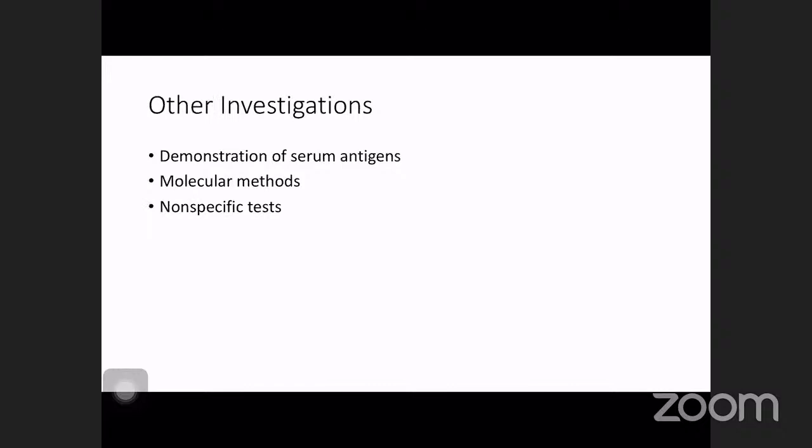Coming to the other investigations, we can demonstrate the antigens with the help of ELISA or counter immunoelectrophoresis. Or molecular methods, PCR, usually you can detect the flagellin gene or some specific gene for the organism with the help of this PCR.